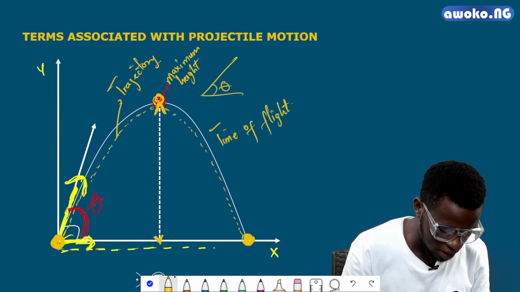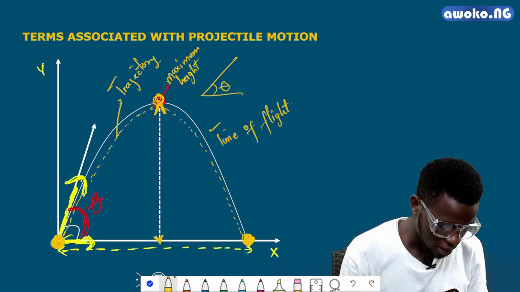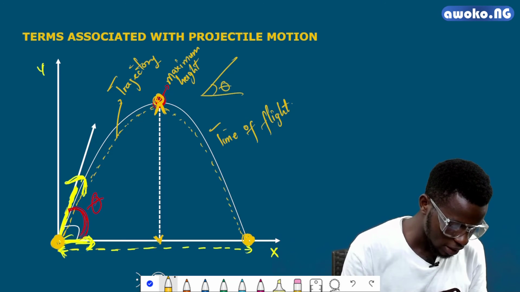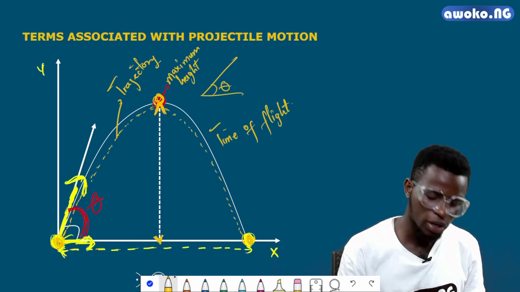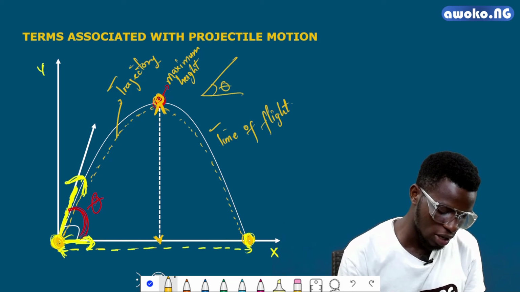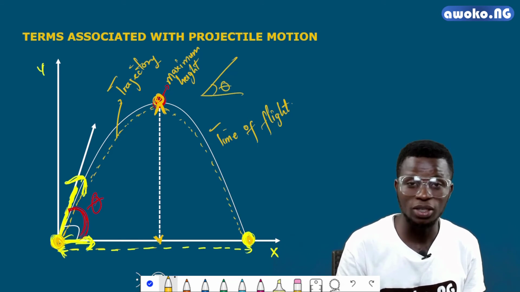It is the maximum horizontal distance covered by the projectile from the point where it is projected to where it hits the horizontal plane.